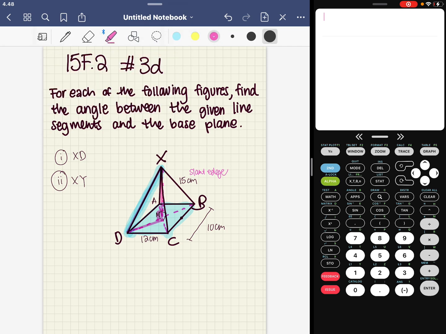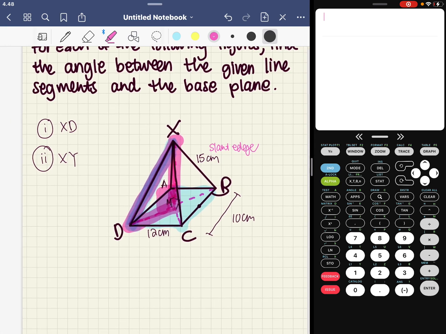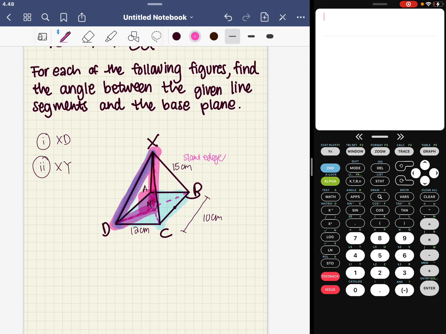So we see a triangle here, and they gave us that it is a right triangle, because M is right in the middle, and from M to X it goes straight up, so that means it's a right angle, and we can just plot that out.